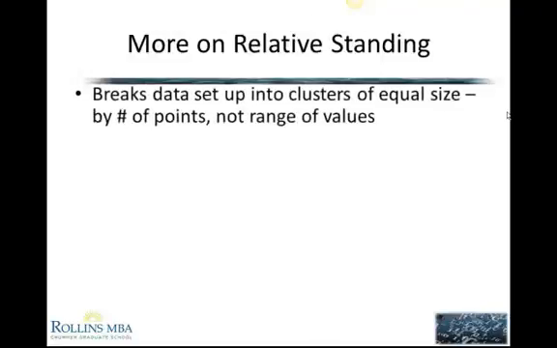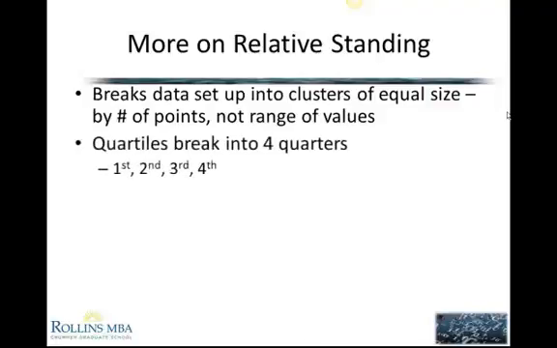These quartile or percentile values break up the data set into clusters of equal size. Now, not like we did in a histogram, where we break it up into bins or ranges of equal size, equal width intervals. Here what we're going to do is break the data set into clusters of equal size based on the number of points, not the range of the values.